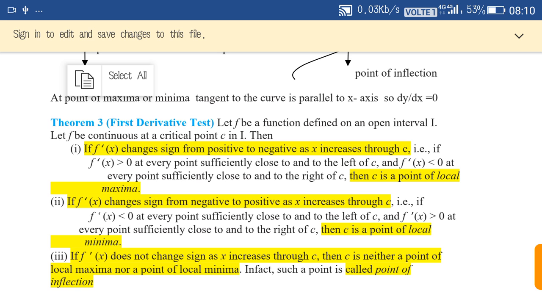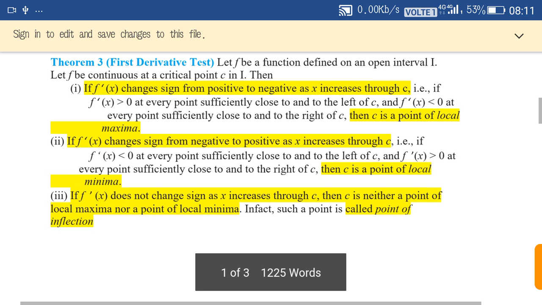If it is positive before the point and negative after the point, then we say that the function has a point of maxima at that point. Here two cases arise, either the function has maxima or minima.